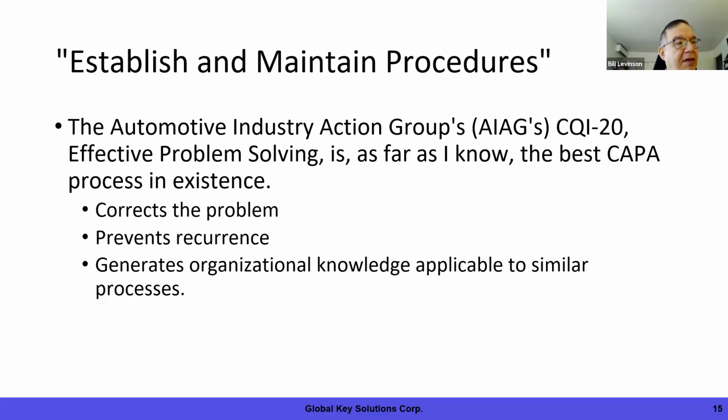Even though it's designed for the automotive industry, it will work on just about anything, and it delivers excellent results. It corrects the problem, it prevents recurrence, and it generates organizational knowledge applicable to similar processes. Next slide.